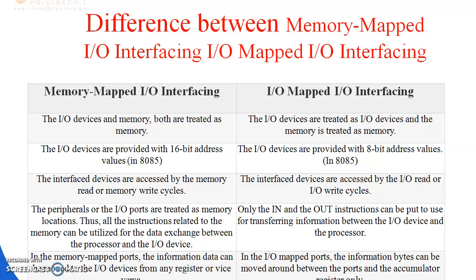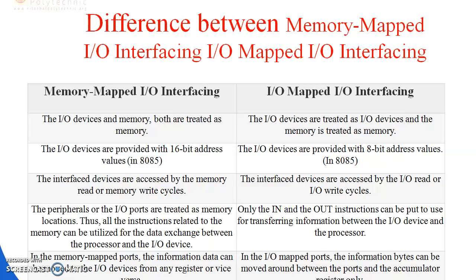Next, in memory mapped I/O interfacing, the interface devices are accessed by the memory read or memory write cycle. But in I/O mapped I/O interfacing, the interface devices are accessed by the input-output read or input-output write cycle. Then, in memory mapped I/O interfacing, the peripherals or the input-output ports are treated as memory locations.